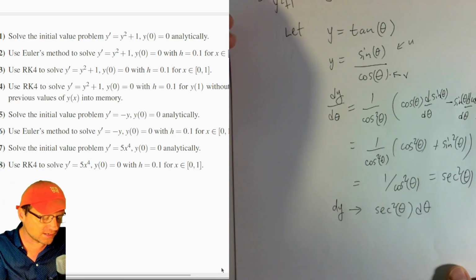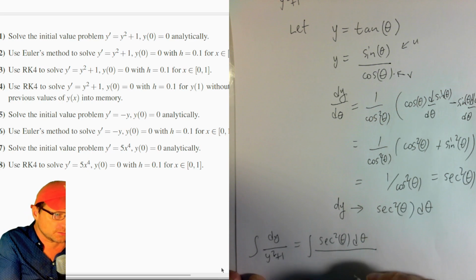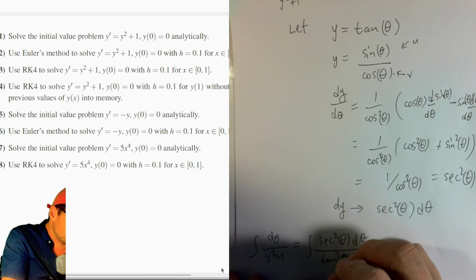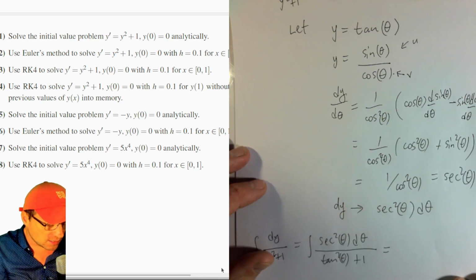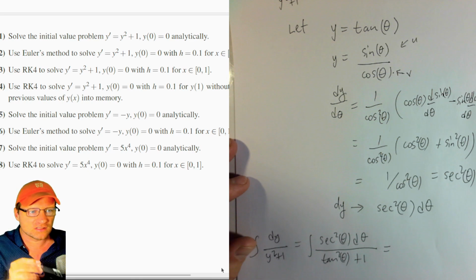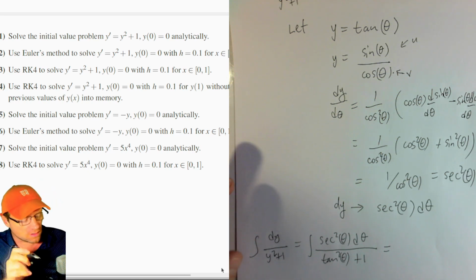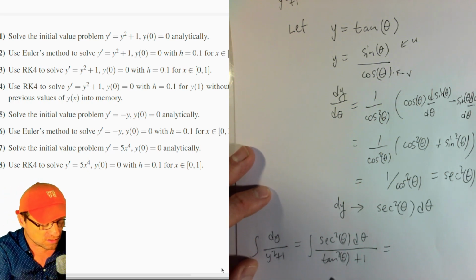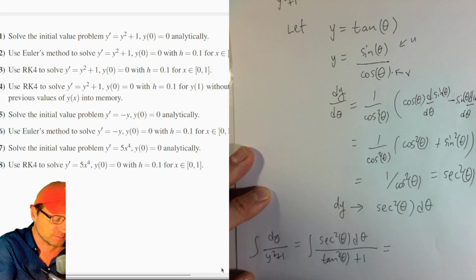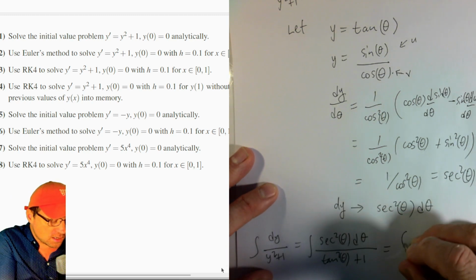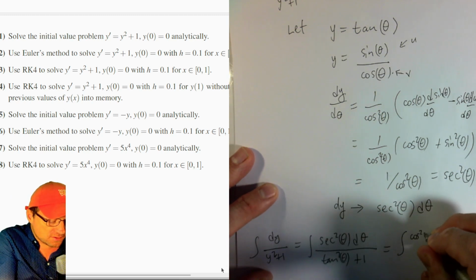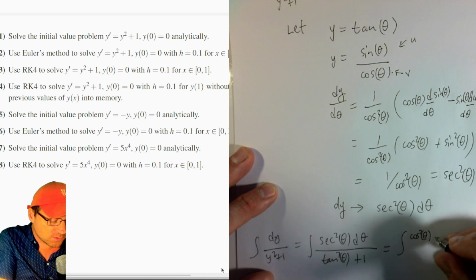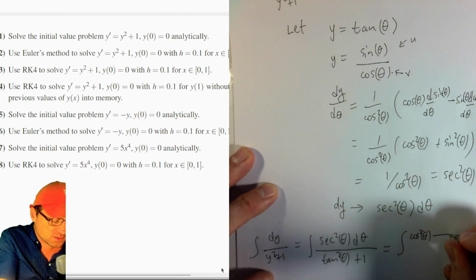So let's go ahead and do that. And then on the denominator, we have tan squared theta plus 1. Okay, and so we need to do some simplifying here, because remember tan is sine over cos, so sine squared over cos squared, but then we multiply top and bottom by cos squared. Remember sec squared is 1 on cos squared, so let's write that 1 on cos squared theta.